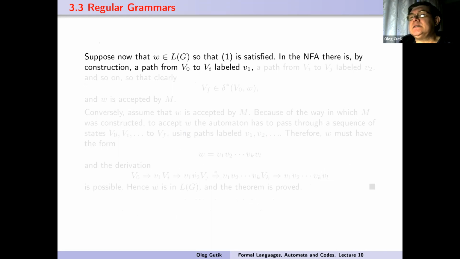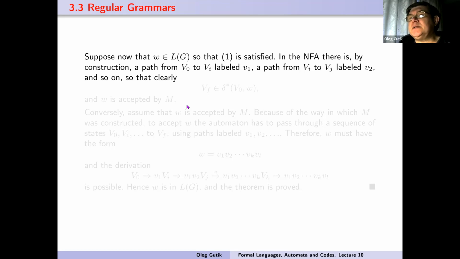There is, by construction, a path from the state V_0 to the state V_i labeled by the word v1, a path from V_i to the state V_j labeled by the word v2, and so on.